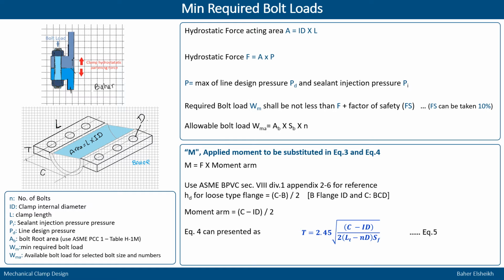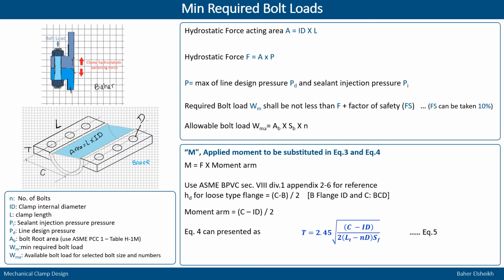Now the required bolt load shall not be less than the F which we calculated here, and it's better to also add some factor of safety, maybe 10% or so. Don't forget that we are applying a simplified method, so consideration of factors of safety is important. Now the allowable bolt load is to be calculated, which is the area of the bolt, the root area of the bolt, multiplied by the allowable stress of the bolt at the design temperature and the number of bolts.